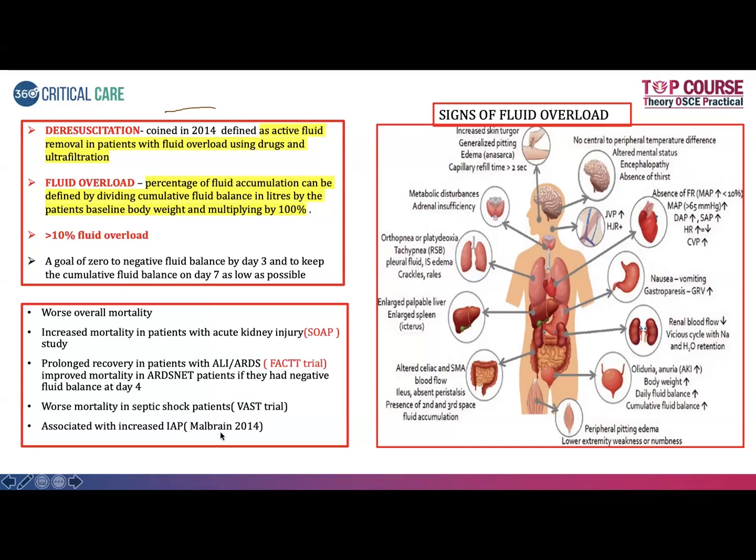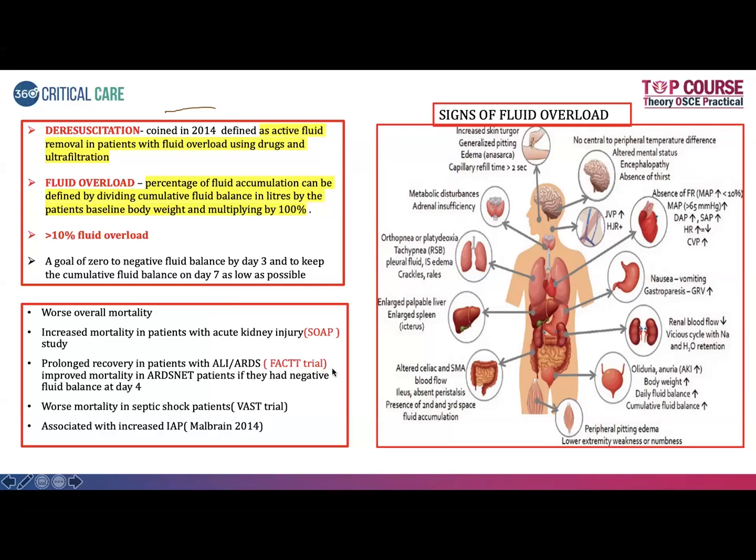So what are the trials which support deresuscitation? We know that fluid overload increases mortality. This is as per the SOAP trial. And the FACT trial mentioned there is a prolonged recovery in patients with ARDS and ALI. And if they can attain a negative fluid balance, it improves the mechanical ventilatory days.